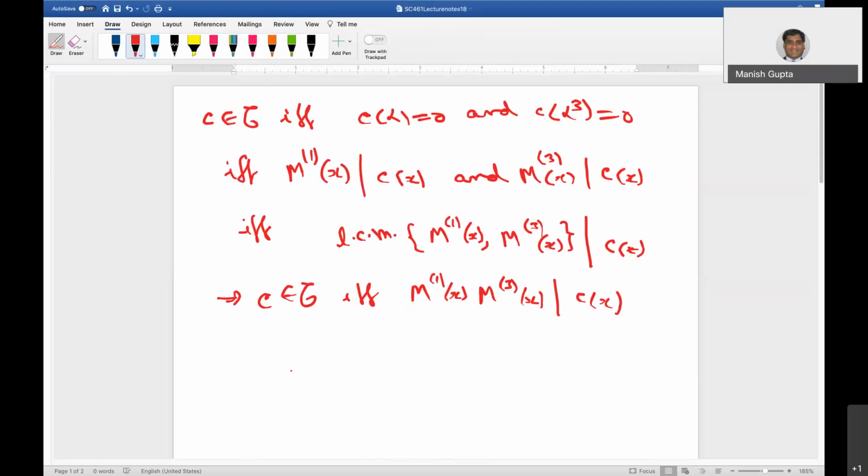Thus, we arrive at the following result, which is the theorem.